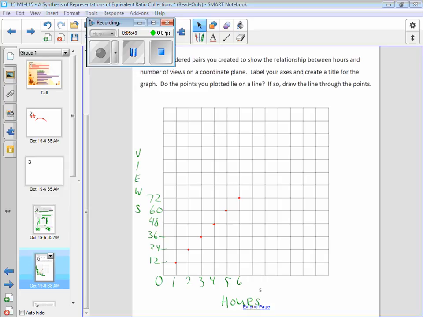Like I told many of you, normally you'd want to count every other box to spread this out. But as you look ahead, the question asks, using the coordinate plane, how to model how many views at 12 hours. So if you count every other box, you just don't have enough room to get 12 hours in. So I counted every box. What I'm going to do then is connect my dots, but extend my line.